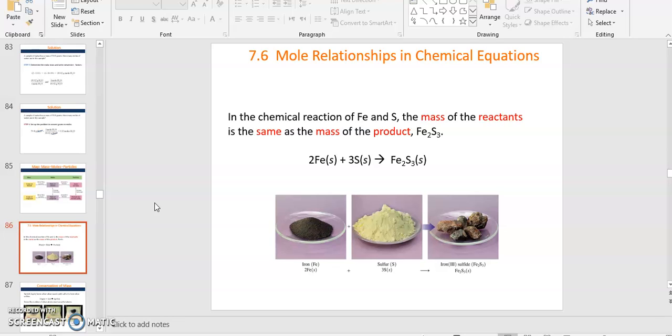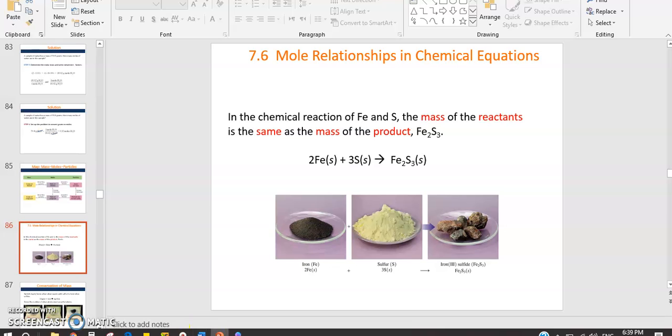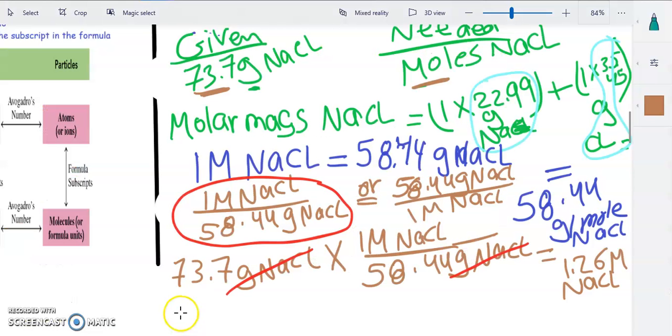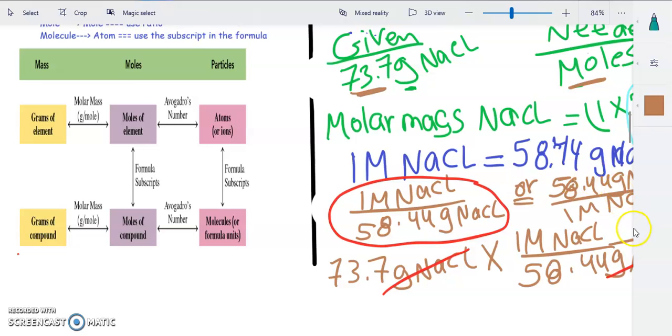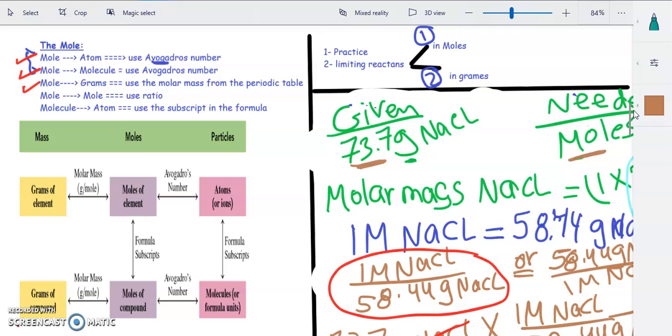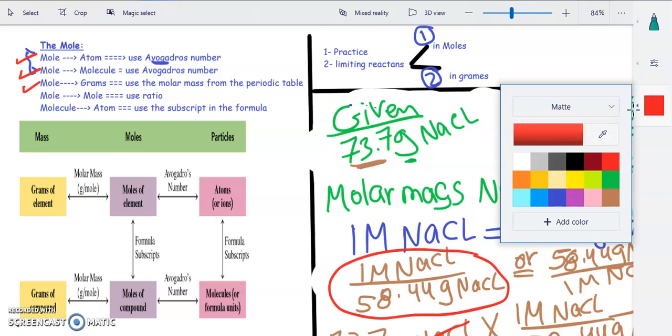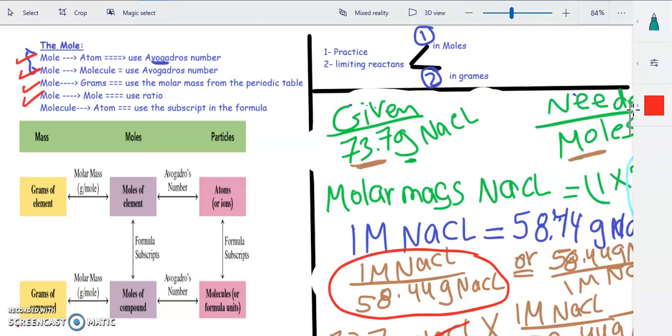Mole-to-mole relationship is another topic that we discussed and we need to review. So going here, you can see we did mole to atom, we did mole to molecule, we did mole to grams, and now we will be doing mole to mole and at the same time molecule to atom.